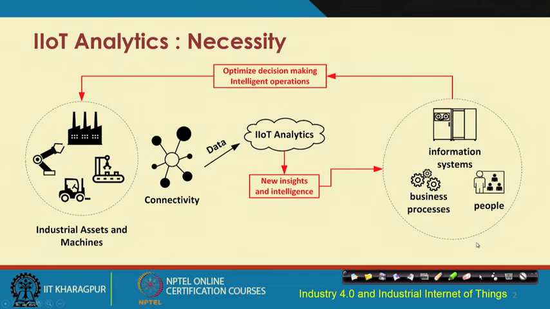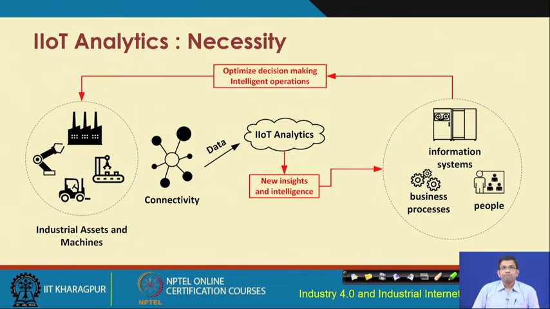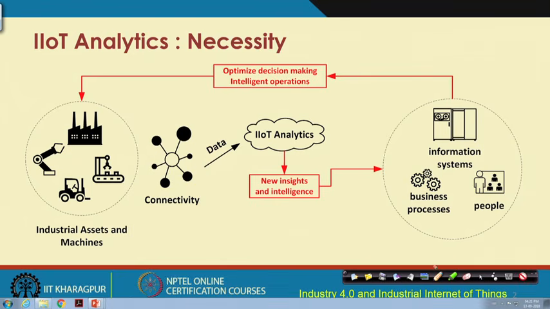So, let us now go back and have a look at what we have in terms of analytics with respect to IIoT scenarios. So, as I was telling you earlier, in an industrial setting, we have industrial assets and different machinery.